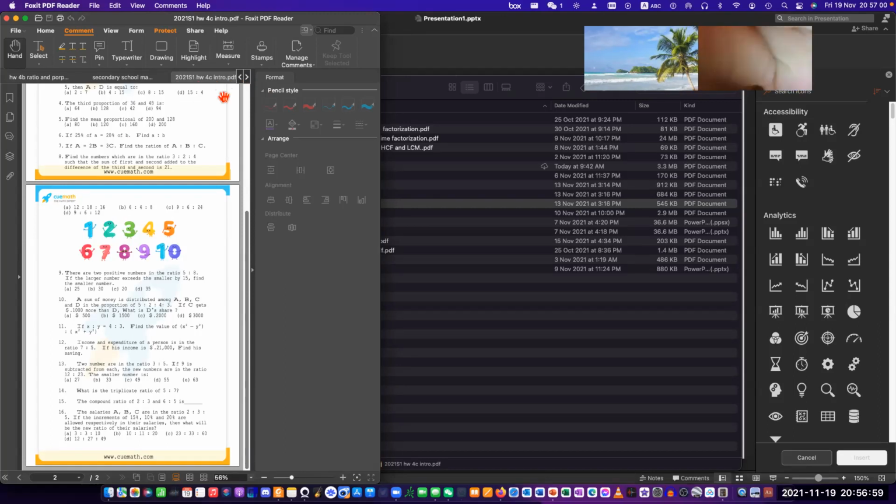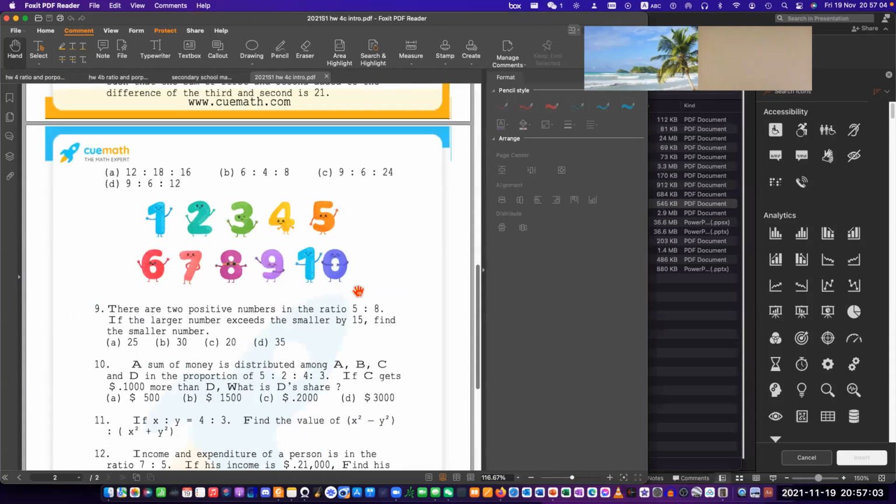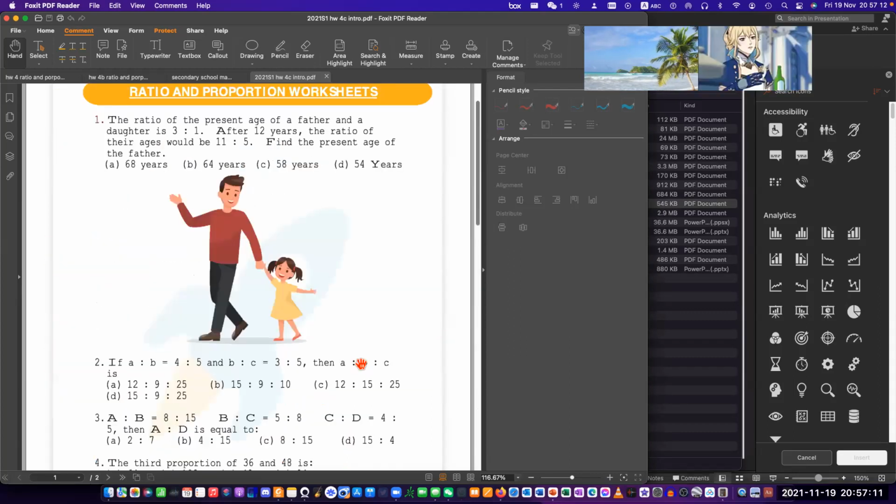Okay, so 4C, I will take 4C as the homework for the first part of chapter 2. In fact, 4A and 4B are actually a preview or intro, meaning they are so easy, just for you to warm up yourself.